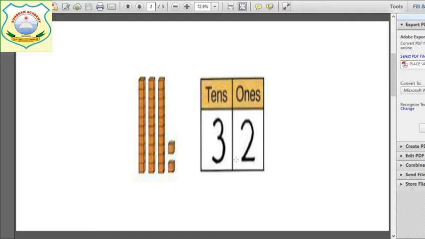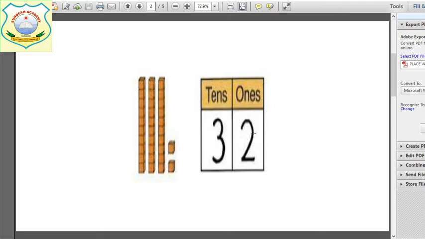Children, suppose the number given to you is 32. In 32, 3 is in tens place and 2 is in ones place. If 2 is in ones place, what is the place value of this 2?